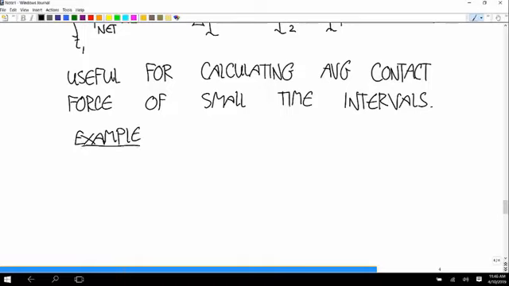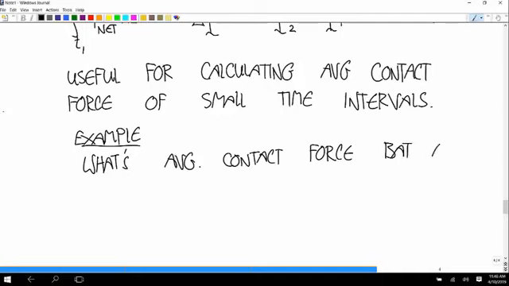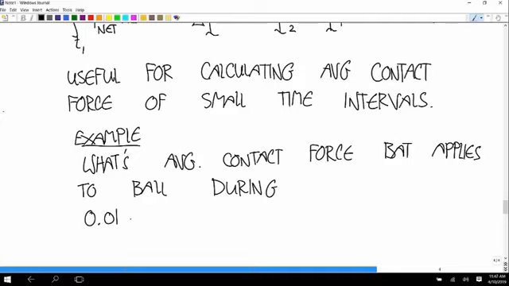Okay, so let's say that we want to calculate the average contact force that a baseball bat applies to a ball during a 0.01 second contact.